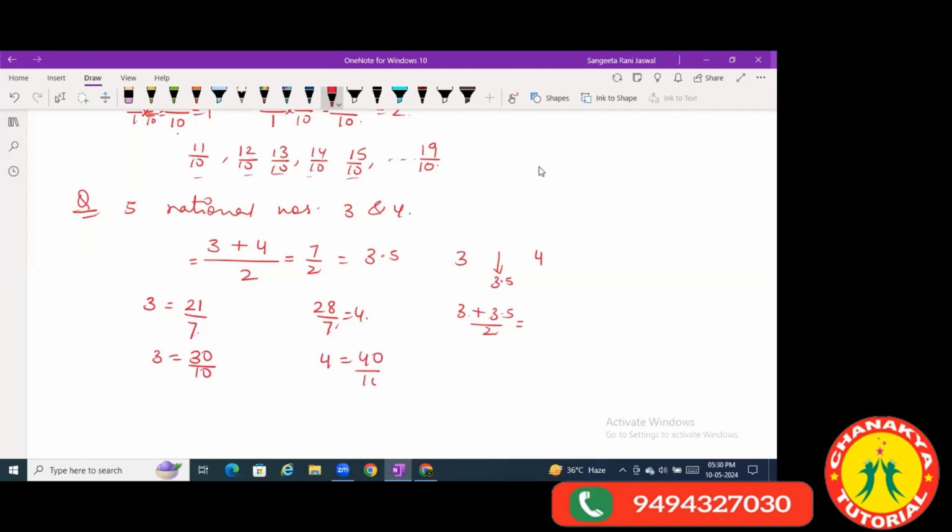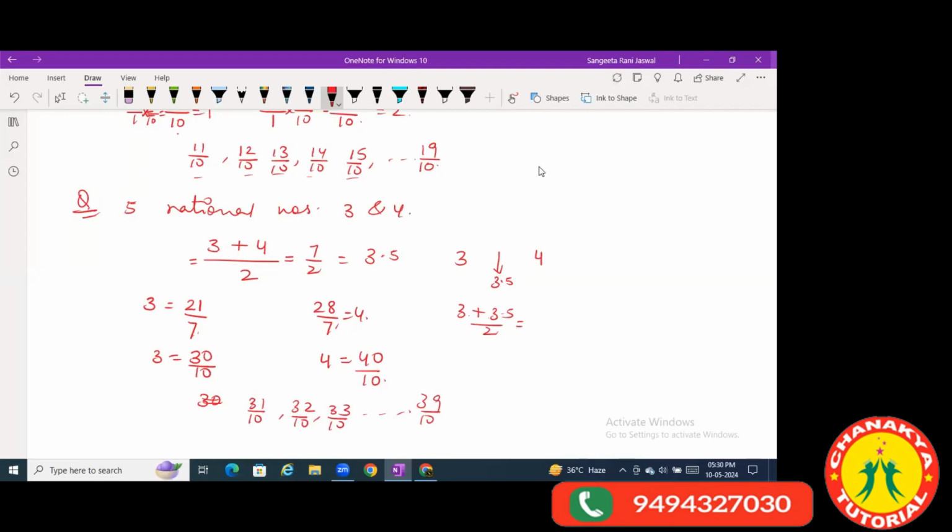So there are different ways of writing equivalent fractions. Between 30 by 10 and 40 by 10 you have so many numbers. You can write 31 by 10, 32 by 10, 33 by 10, and so on till 39 by 10. Just pick any five out of these.